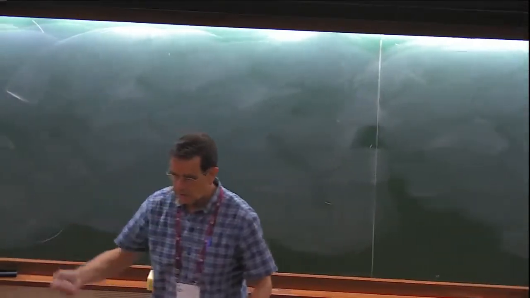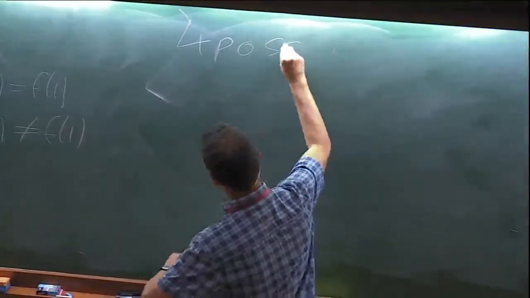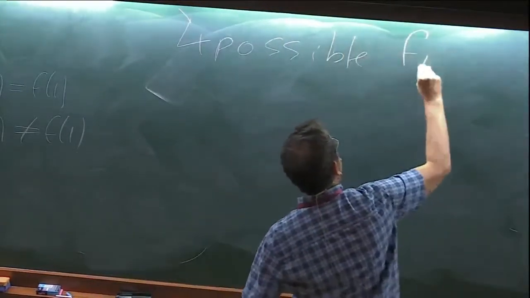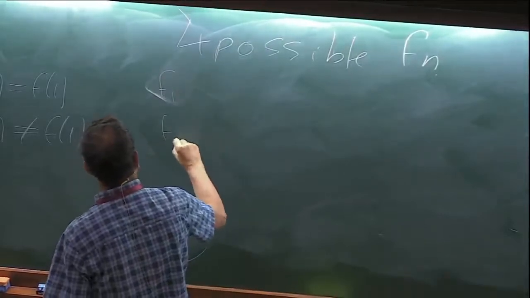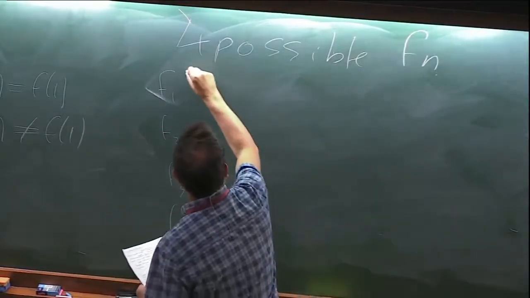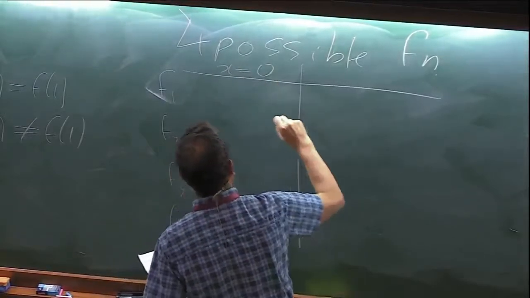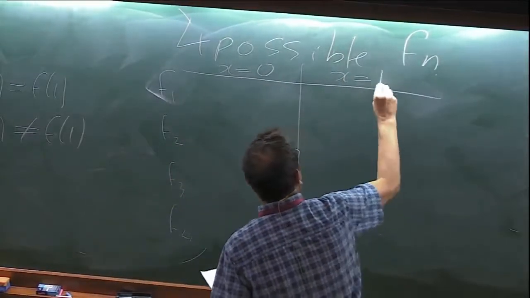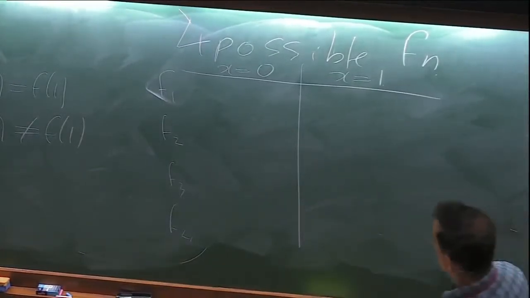So what are possible values for these functions? There are 2 values of x and 2 values of f, so there are 4 possible functions. Let me call them f1, f2, f3, f4. They're different depending on the values when they're computed for x equals 0 and x equals 1.